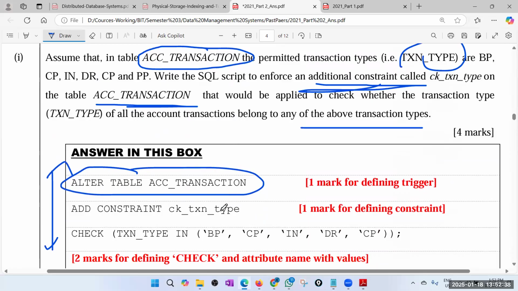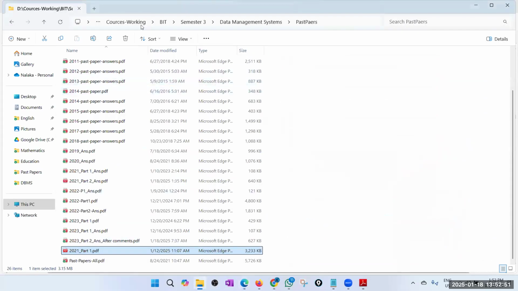Now, the challenge is this is a conditional thing. So, can we have conditions in triggers? Let me open the notes. I can't remember actually. I think that should be available.